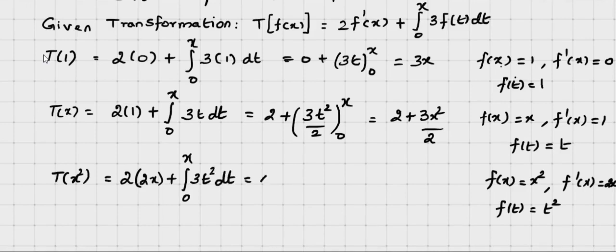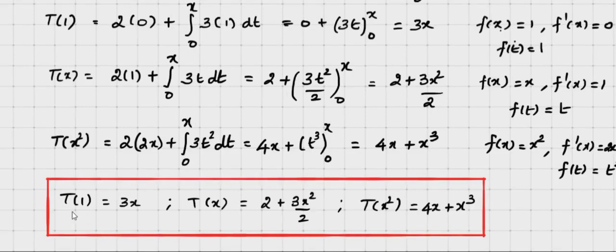So on simplifying I will get 4x plus, on integration of 3t square, t cube, that is 3t cube by 3. 3 and 3 will get cancelled. So the resultant is 4x plus x cube. So this is the result we have. T of 1 equals 3x, T of x is 2 plus 3x square by 2, and T of x square is 4x plus x cube.